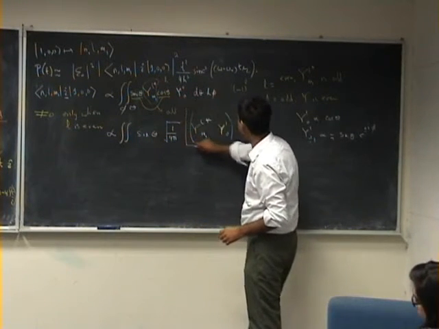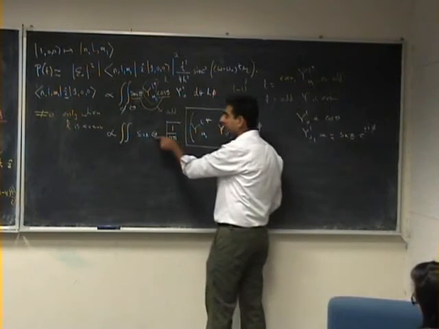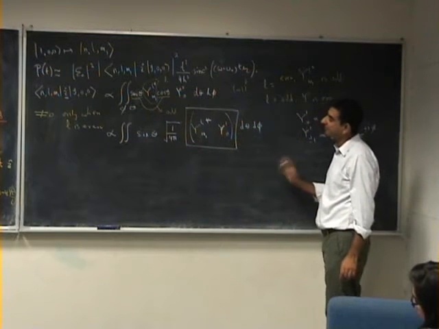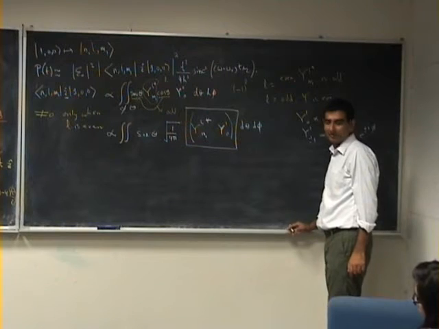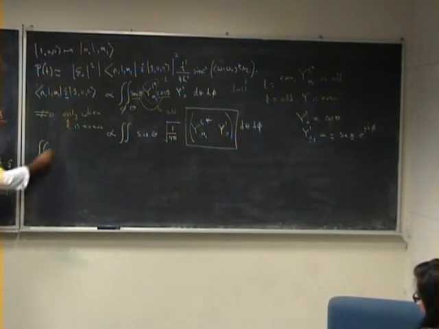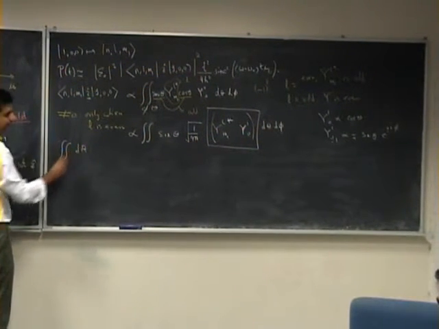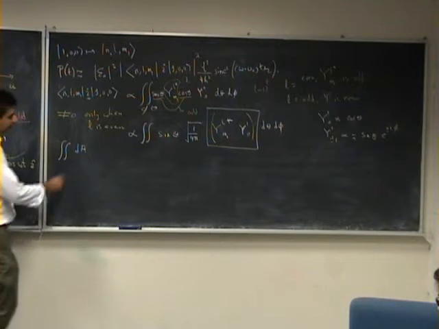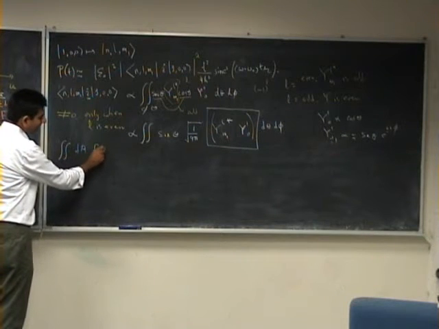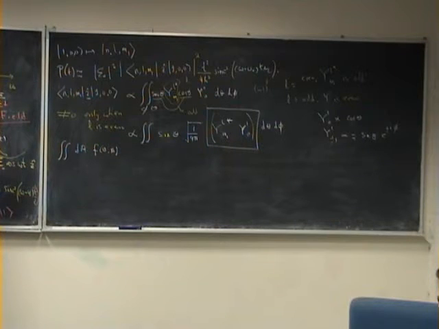So we really have to look at the parity of this function. We don't include the parity of the volume measure in determining whether the integral vanishes or not. Which means that if I have some integral over an area dA, and I have some function f of theta and phi, this is the kind of integral that I am talking about.